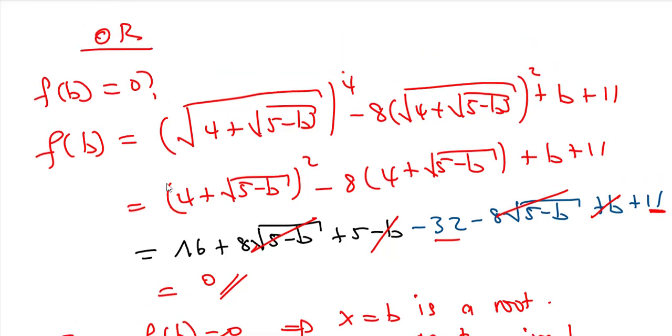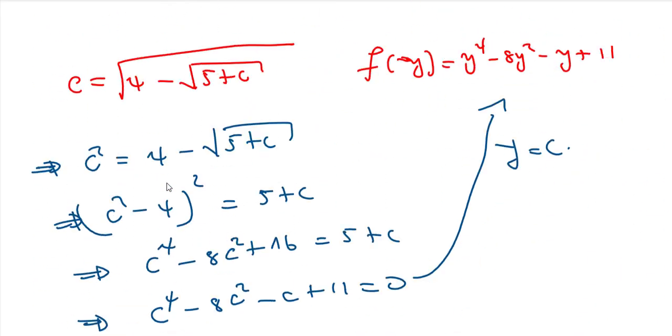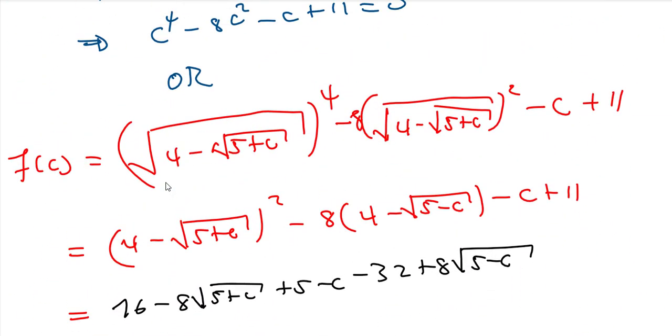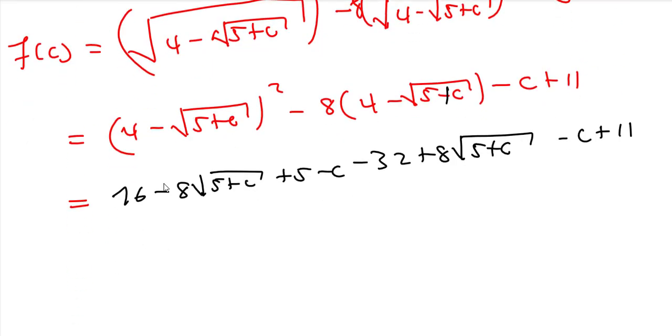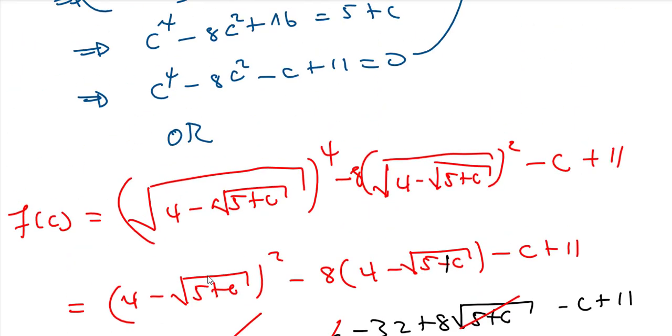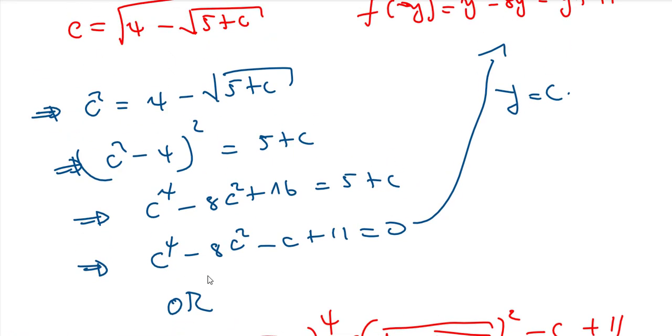c plus or minus, c is plus. Okay, so here is plus, then minus c plus 11. So this cancels with this. Negative c has to cancel out with positive c.